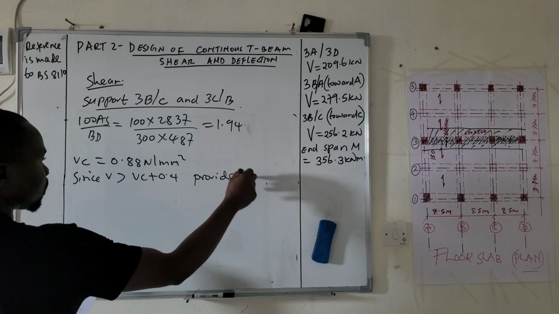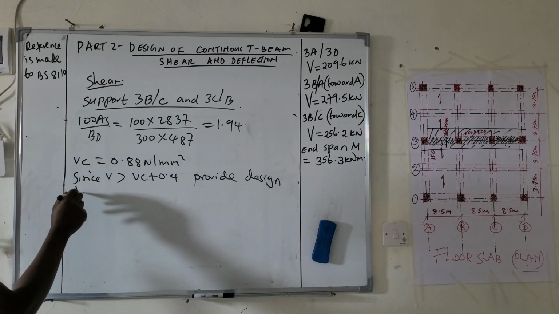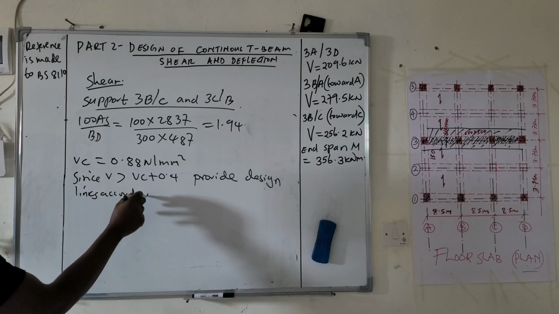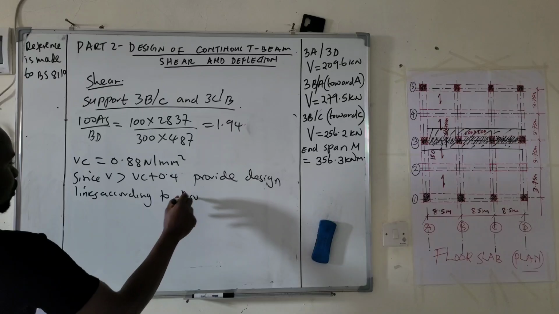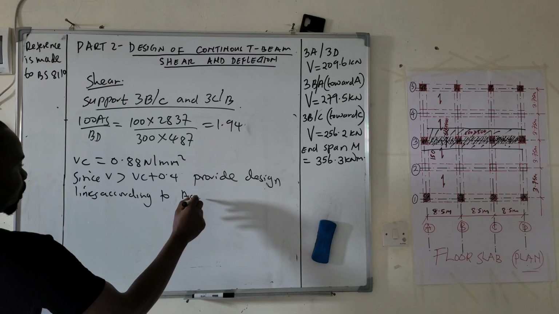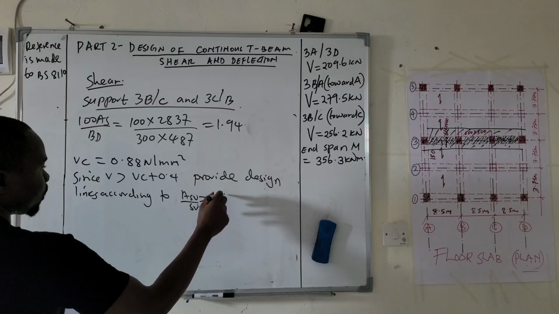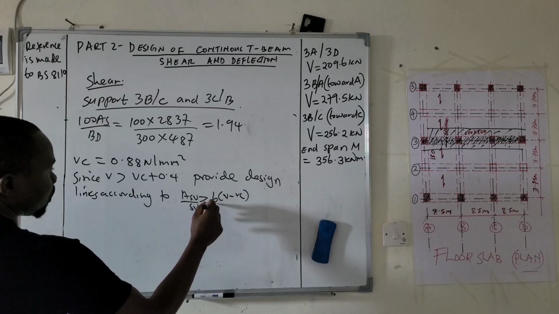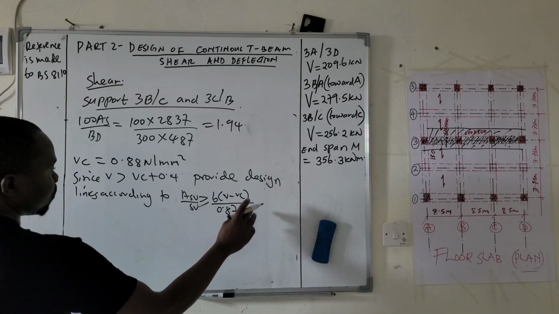provide design links according to ASV over SV is greater or equal to B, this is V minus VC over 0.87 FYV.